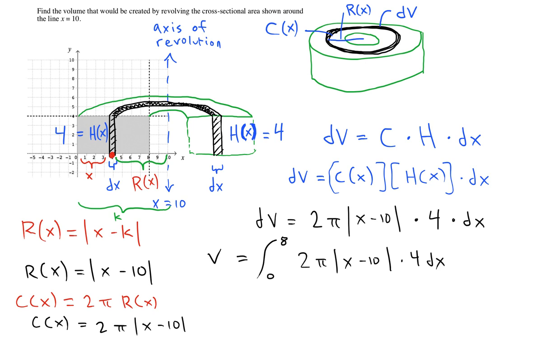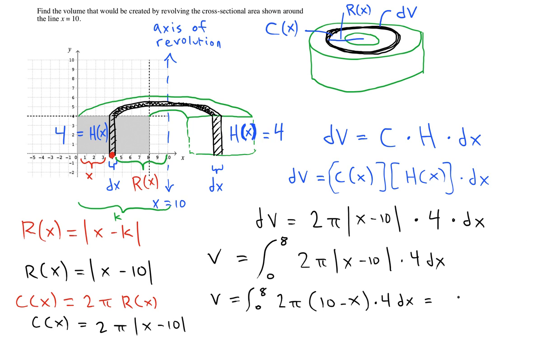Since my x values are always going to be smaller than 10, an easy way to rewrite this would be two pi times 10 minus x times 4 dx. That way I don't have to deal with the absolute value.